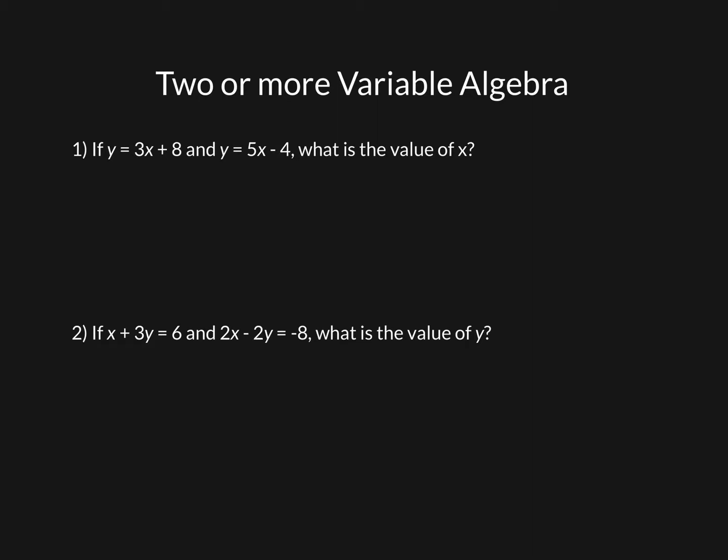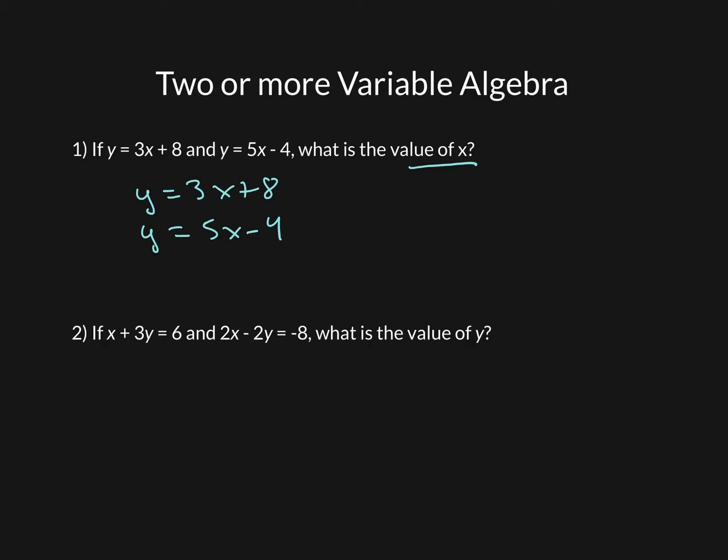Now let's go ahead and apply the concepts we just learned. Let's take a look at number 1. Here we have, if y equals 3x plus 8 and y equals 5x minus 4, they're asking for the value of x. Now, it's all about figuring out the relationship between y and x, manipulating the equation in order to solve for x in this case.